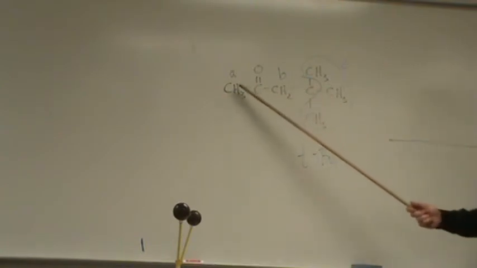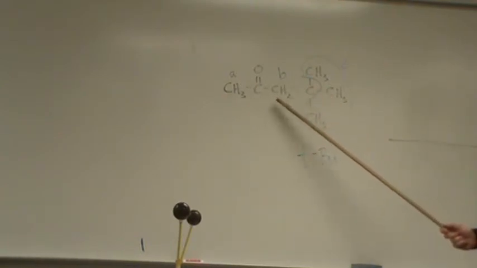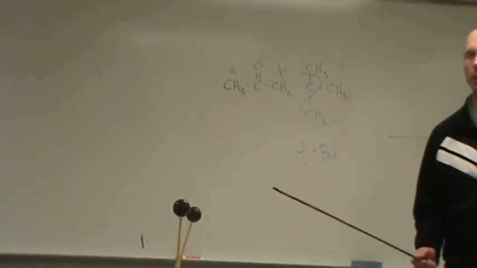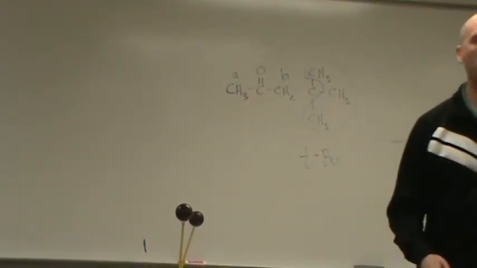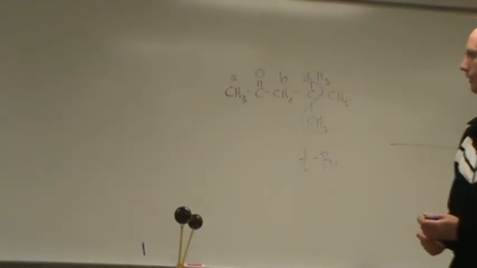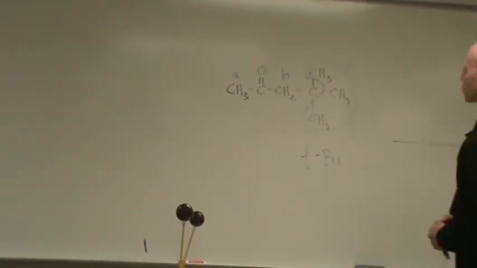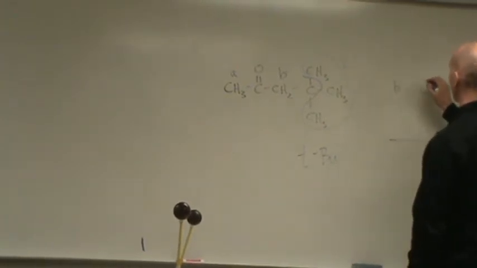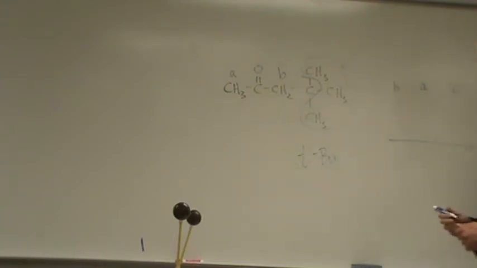So how do you determine? Write it down. The carbon with the fewer hydrogens will be more downfield. Okay, the fewer hydrogens. So CH2s would always be more downfield than the CH3. Okay, so B will be most downfield, and then A, and then C.